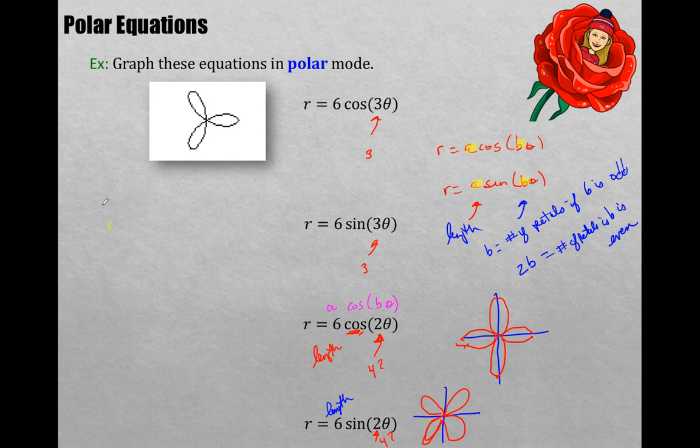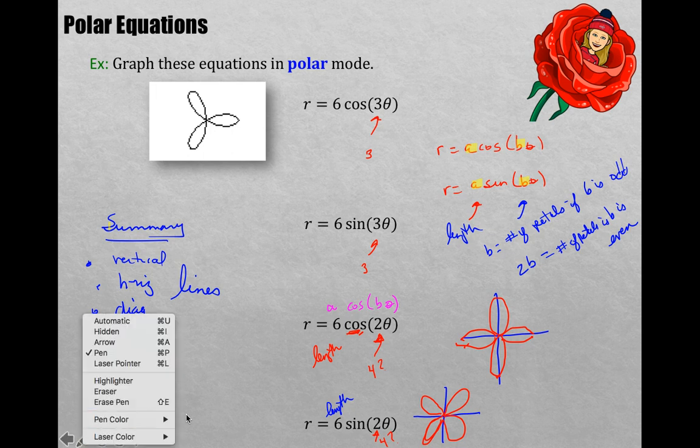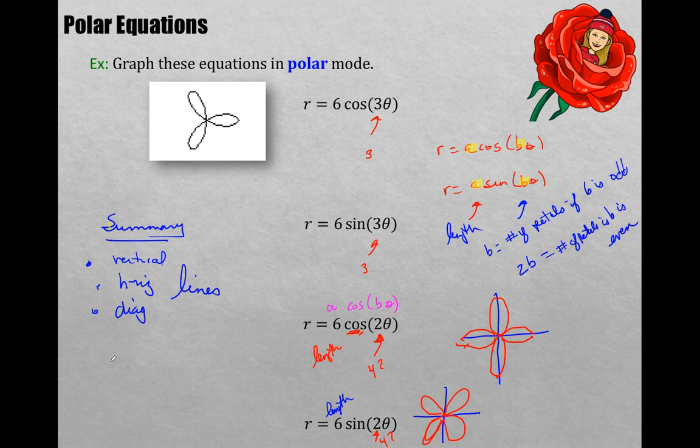Okay? So in summary, we saw some polar equations that gave us some old friends. Vertical, horizontal, and diagonal lines. We also saw some polar equations that gave us circles, right?